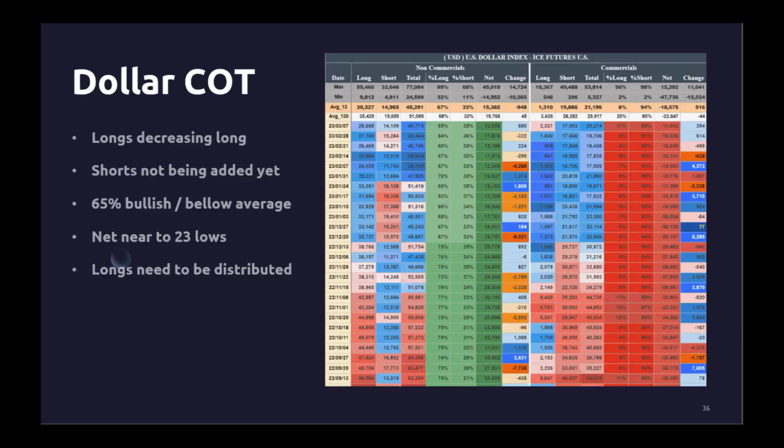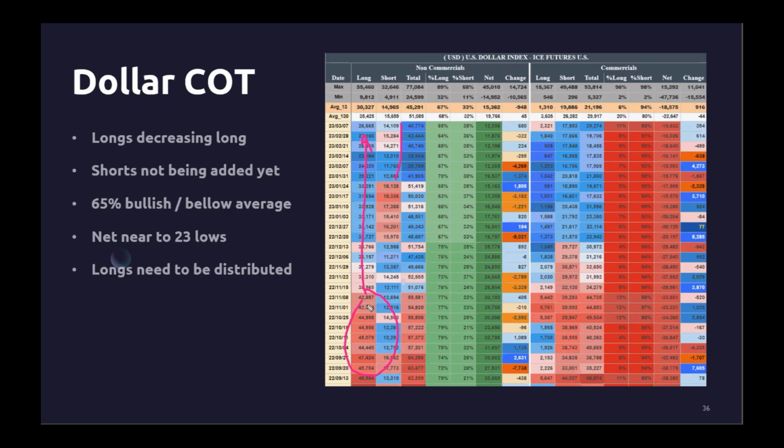Okay, so let's go to dollar. Let's start with the COT data. Here, what we can see, so longs are decreasing. We can see in the past, the non-commercials has been much more bullish than they are right now, okay? We can see that shorts are not being added.